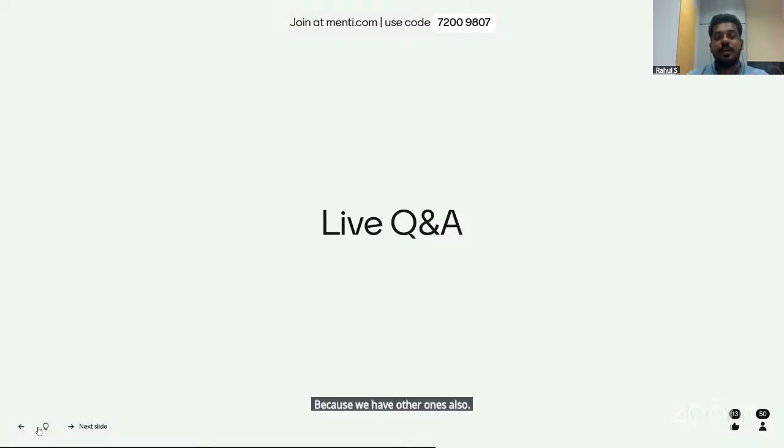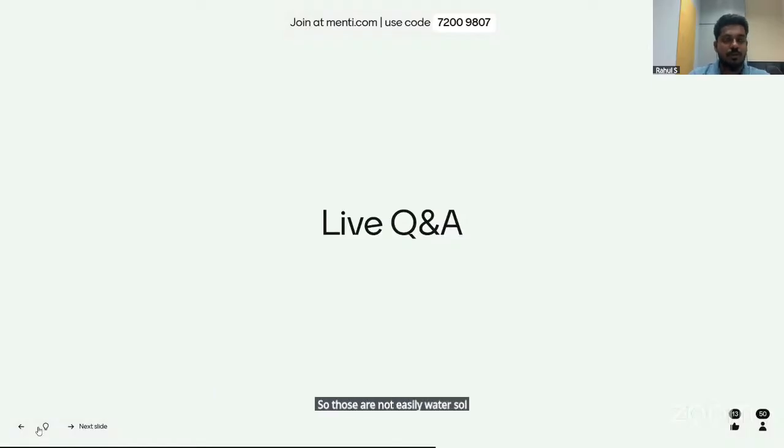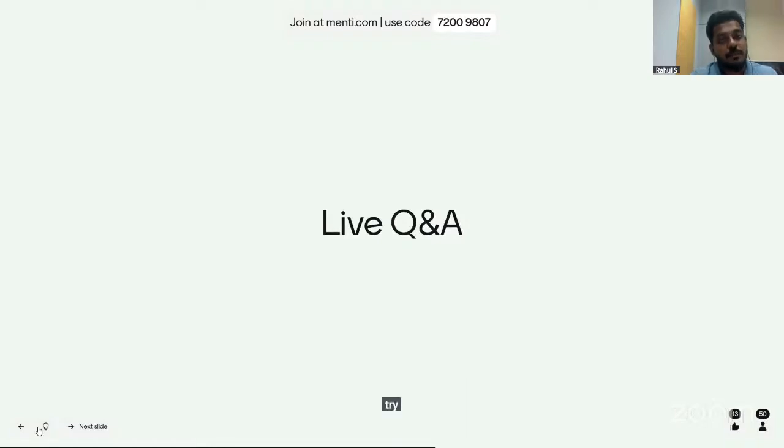If you wait till the fourth week, I guess, you will start understanding peptides, which are proteins. Proteins are nothing but a polymer of amino acids, linked together by peptide bonds. So you will come to know about a new bond, and those are not easily broken by water. This is my way of answering. If you want any more explanation, I can try again.